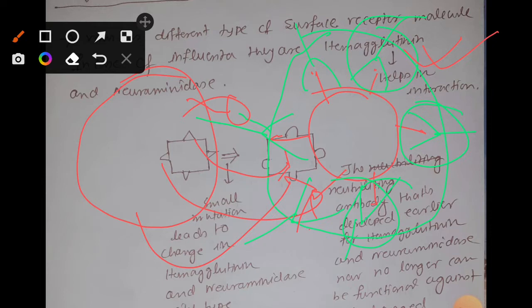So next time the virus cannot infect us, or can infect but is immediately destroyed or neutralized. Remember, the antibodies that are effective against virus infection are called neutralizing antibodies. Why neutralizing? Because they interact with the surface receptor of the virus and prevent its entry. That is why they neutralize them.